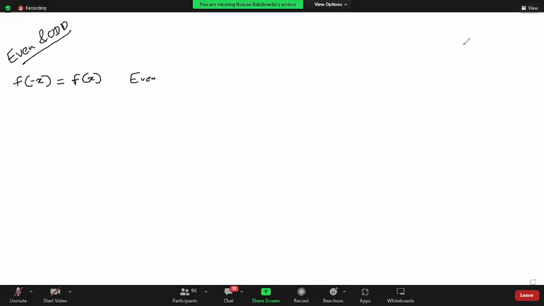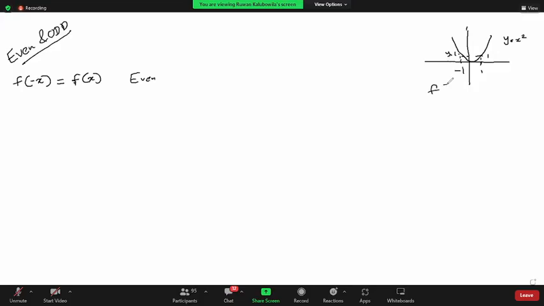Let's take a very simple example. Let's take y = x squared. If we apply positive 1 here, y = 1. We apply negative 1, again y = 1.